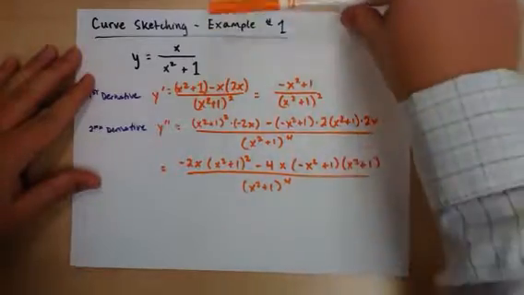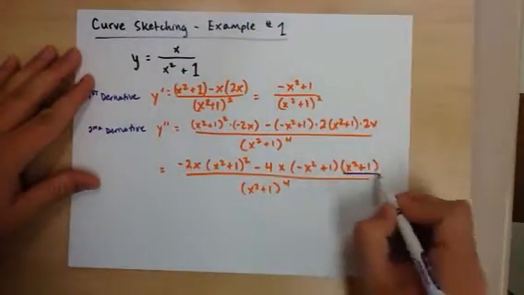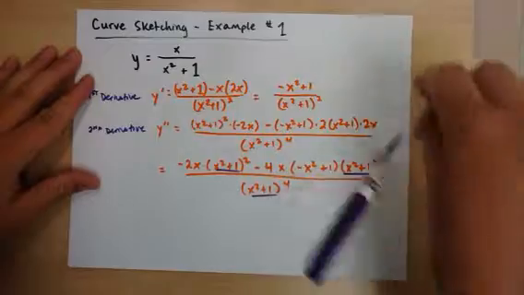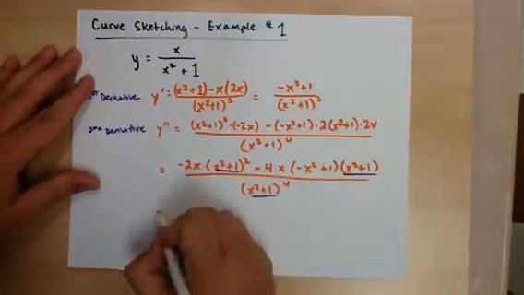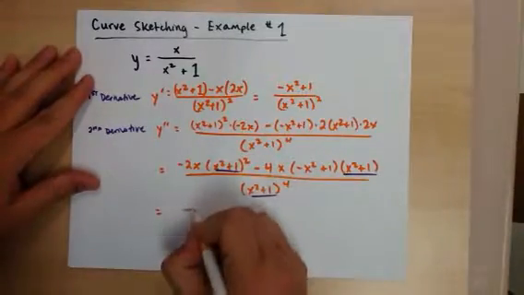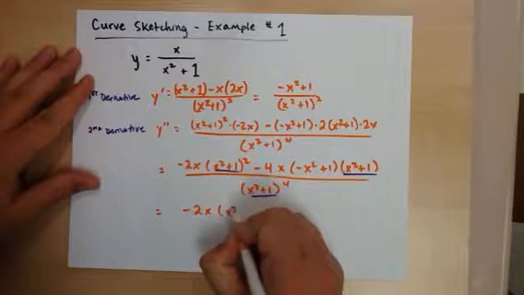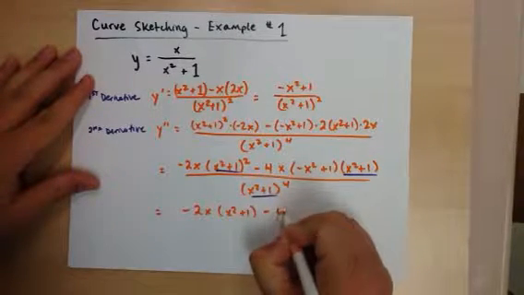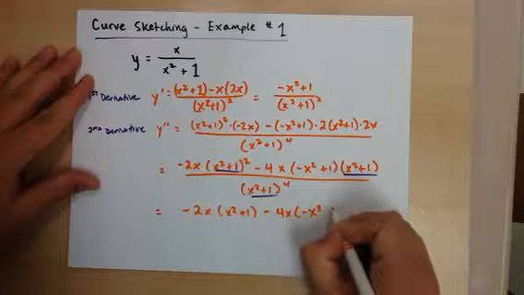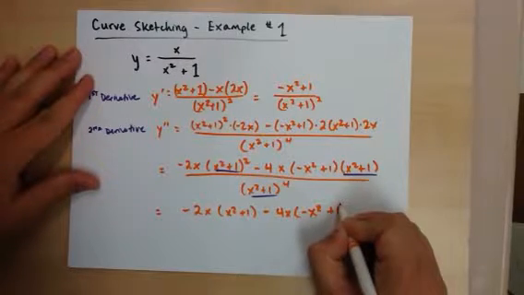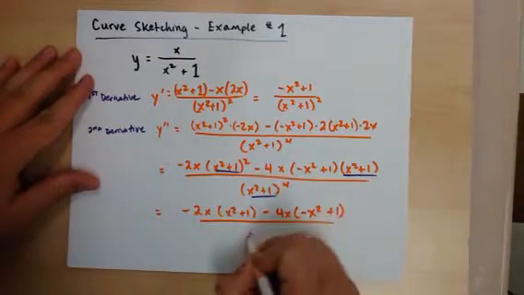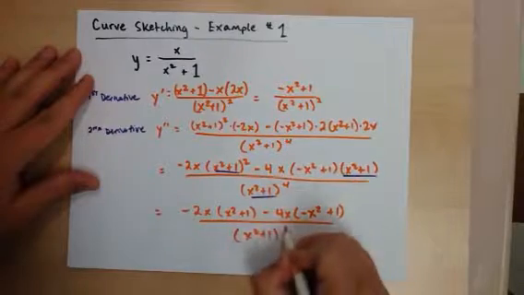I have an x squared plus 1 term here and here and here. So I can factor out and reduce one of them. So this will turn into negative 2x times x squared plus 1 minus 4x times negative x squared plus 1 over x squared plus 1 quantity cubed.